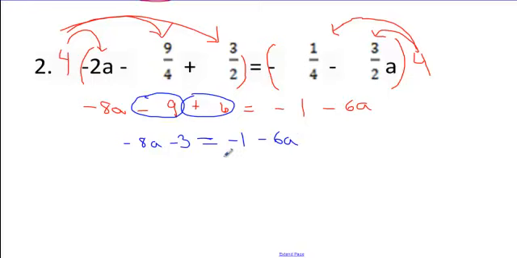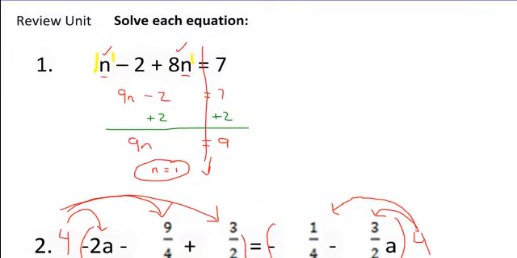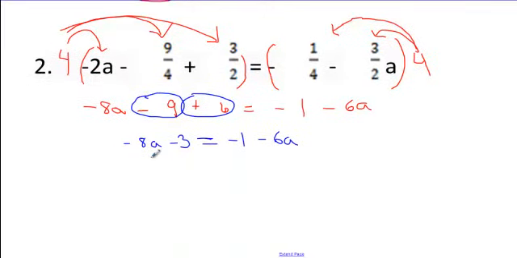I don't have any more like terms, so I'm going to start using inverse operations. Unlike the last problem, where I only ever had a variable on one side, I have variables on both. What I like to do is take care of the variables first, and I like to make sure they'll be positive when I'm done. So I'm going to take this negative 8a, and I am going to add 8a to both sides.